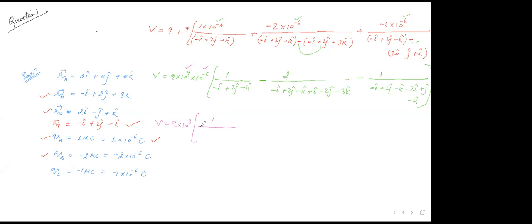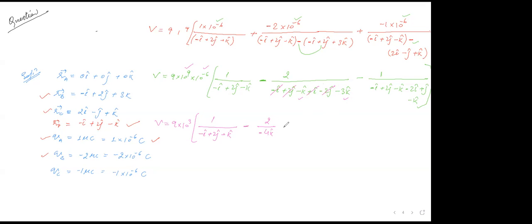This is your 1 over minus I cap plus 2j cap minus k cap minus 2 over this. Minus I will cancel with this minus sign and 2j will cancel with 2j, and now you have minus k and minus 3k. Finally, you get minus 4k. Are you clear? Are you clear, Matthew? Yes, sir. Nawal, is it clear or not?